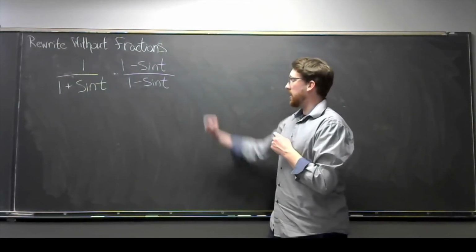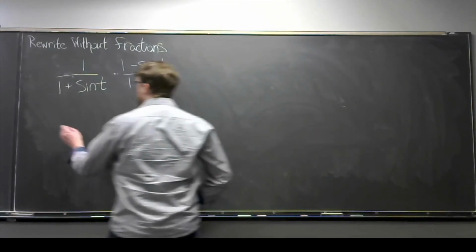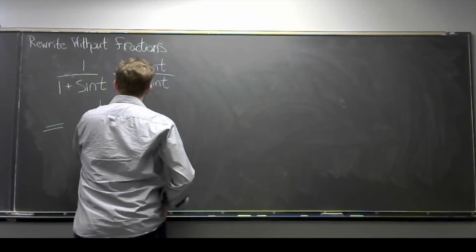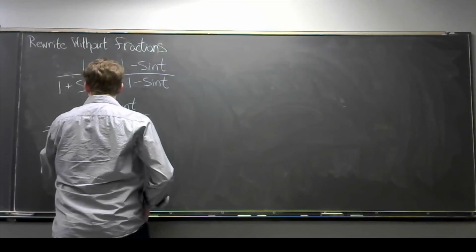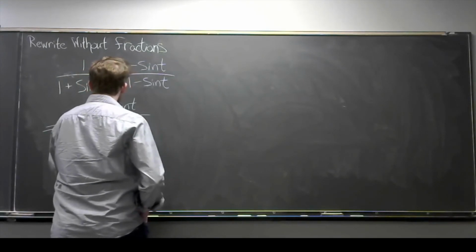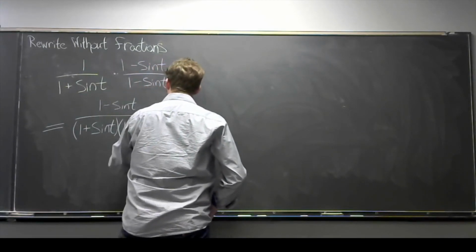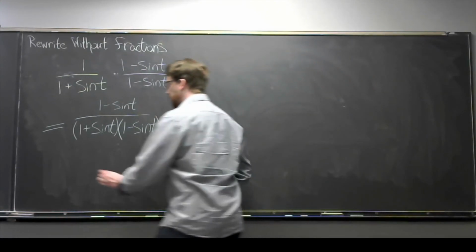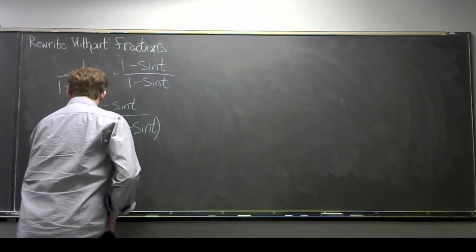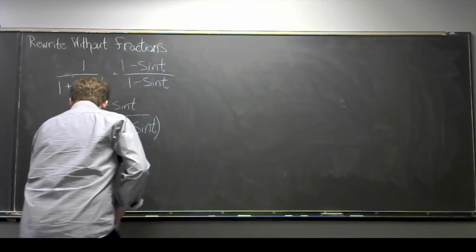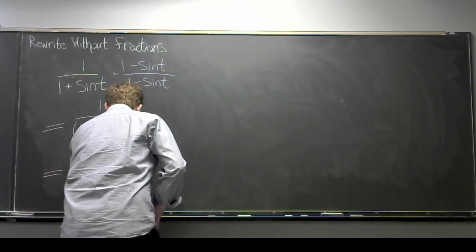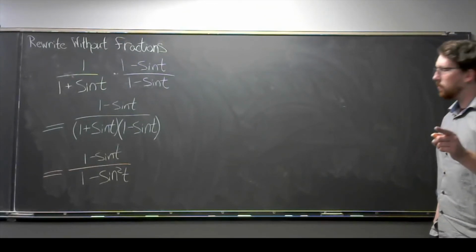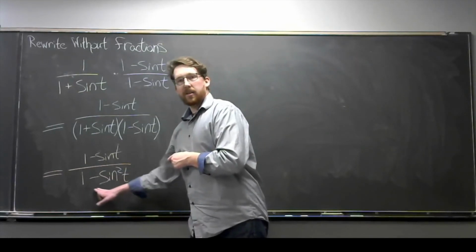I chose 1 minus sine t because what we're going to get is this is equal then to 1 minus sine t over 1 plus sine t times 1 minus sine t, which is equal to 1 minus sine t over 1 minus sine squared t, and this is one of our Pythagorean identities.